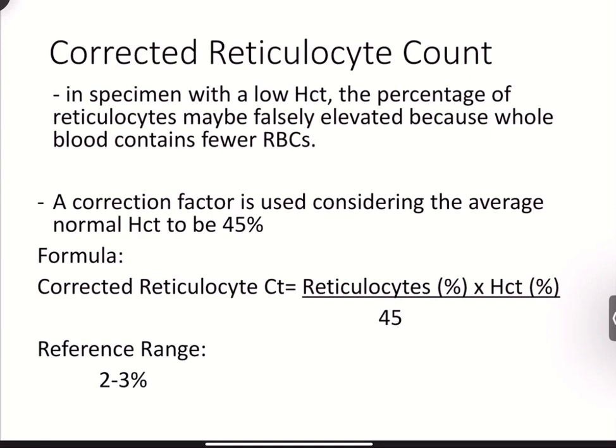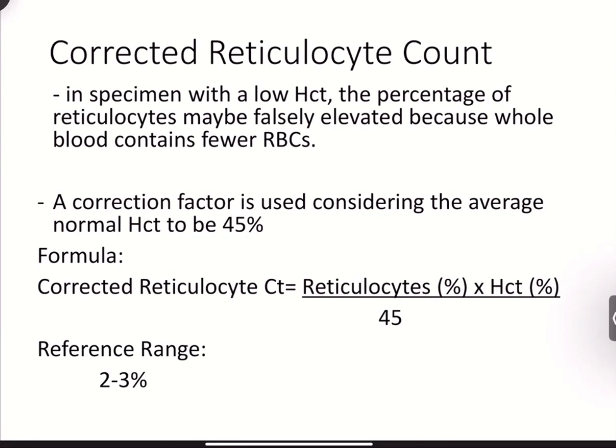So the reticulocyte count appears high. Why? Because there are few RBCs or the hematocrit of the patient is low. If your reticulocyte count is too high and the RBC count and hematocrit are too low, you will use a corrected formula for reticulocyte count.